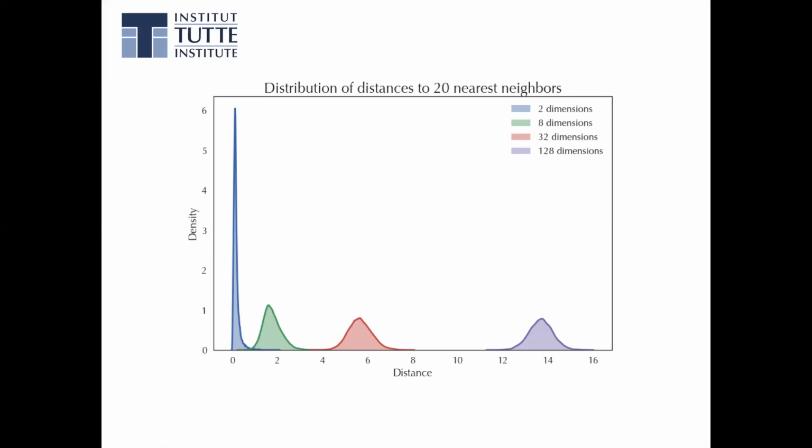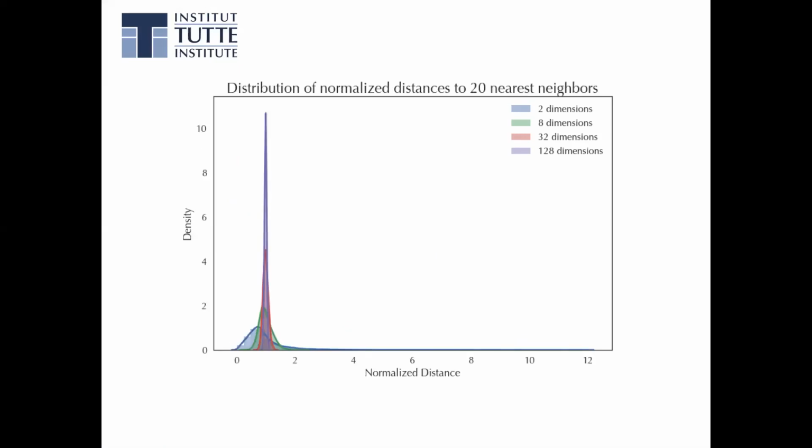And so the catch is that, in general, to make sense of these things, you want to normalize all your distances back so they're on a nice, convenient, similar scale to each other. If we do that, this is what we end up with. The 2-dimensional data renormalized back, so we're just dividing by the largest value we see.